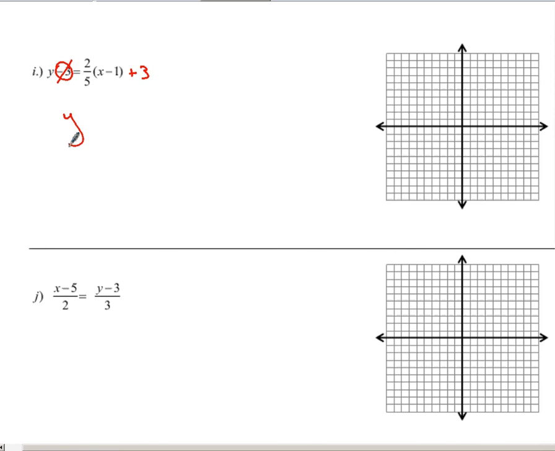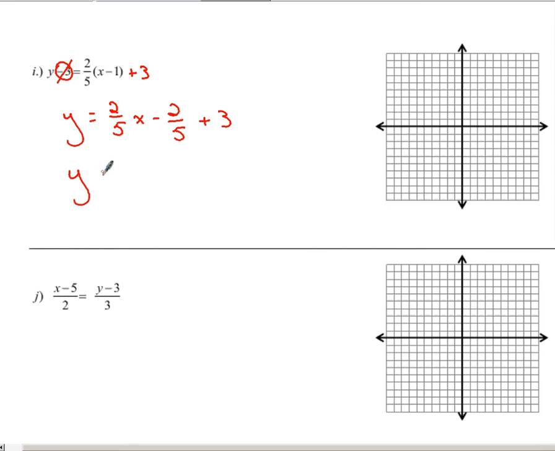I'd have y equals, I know I need to distribute that 2/5, so if I distribute that 2/5, I get 2/5 x minus 2/5 times 1, 2/5, plus 3. At this point, I have to combine like terms.